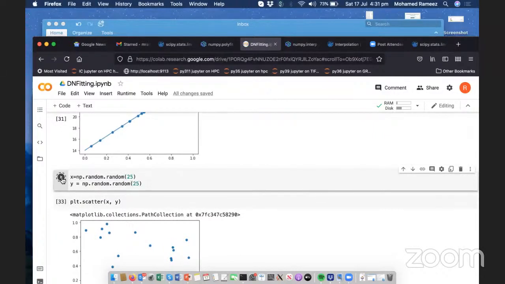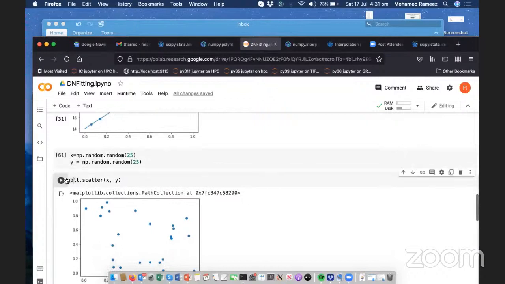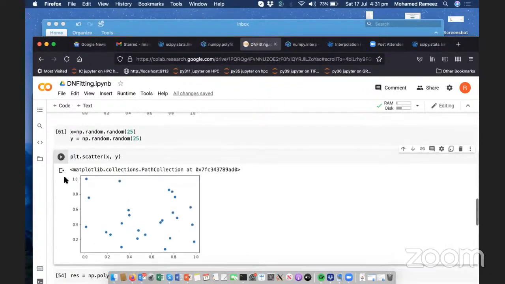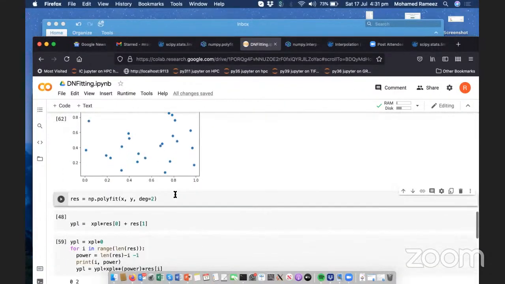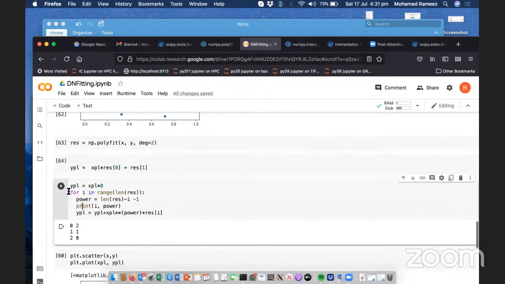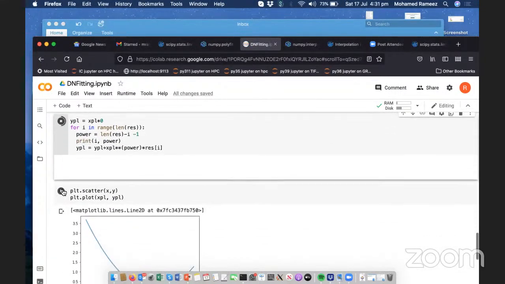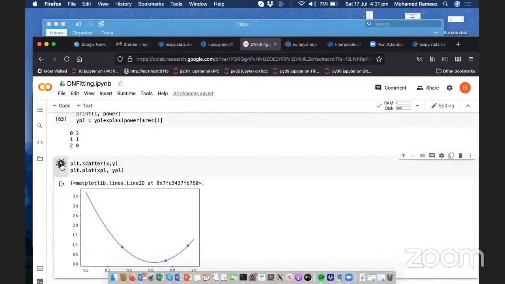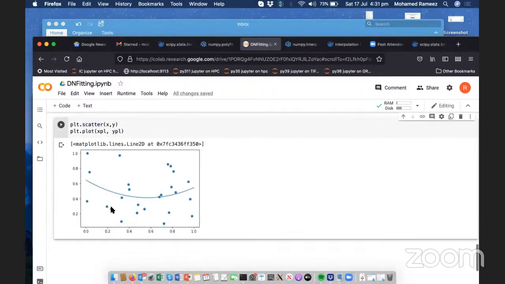So I'm generating 25 random points, and as expected, they're scattered all over. If I fit a 2-degree polynomial to it, the fit is probably not that great.